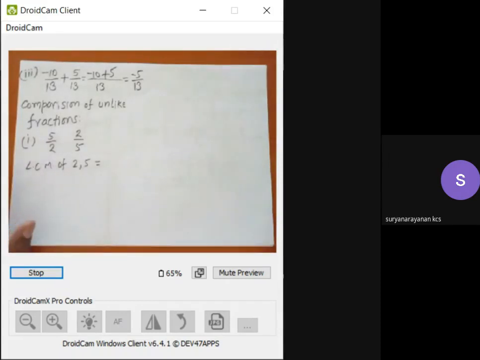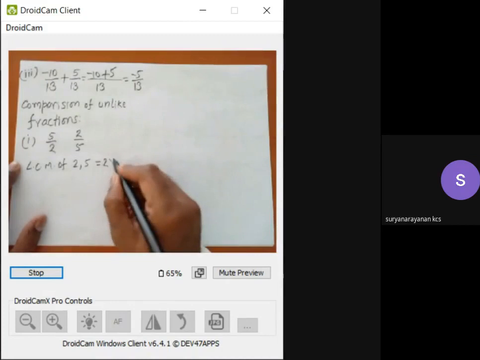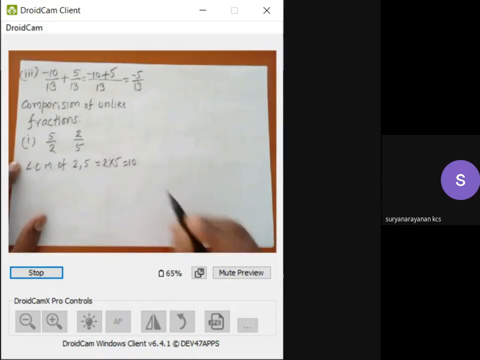What is the LCM of 2 and 5? So 10. Sir, 10. Yes, very good, Srujana and Bibina. 2 into 5 is the LCM of these two numbers. Previously, we have discussed how to find the LCM of numbers.